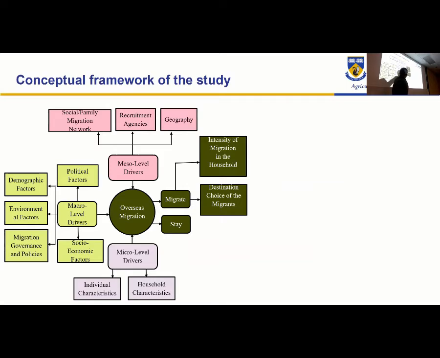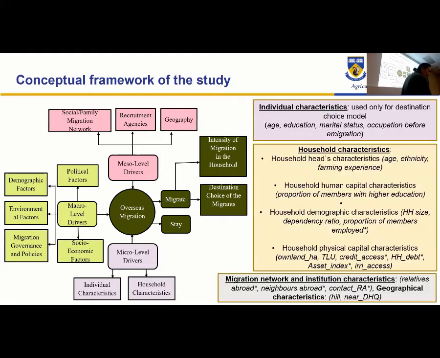This is the first decision. If someone is migrating from the household, then how many are migrating from that household? So it is related with intensity of migration. And the next one is, where are they migrating? Destination of the migrants.